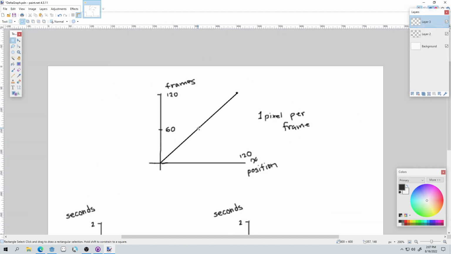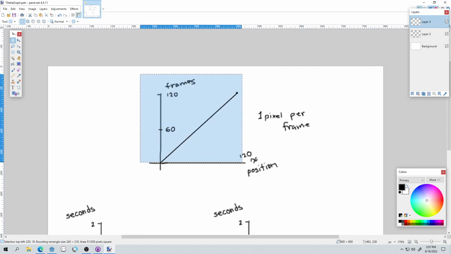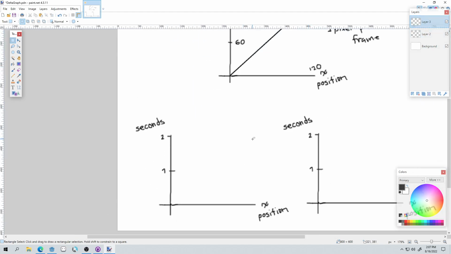Let's see what that looks like. So we can actually grab just this bit right here, copy it, and I'll come down here.